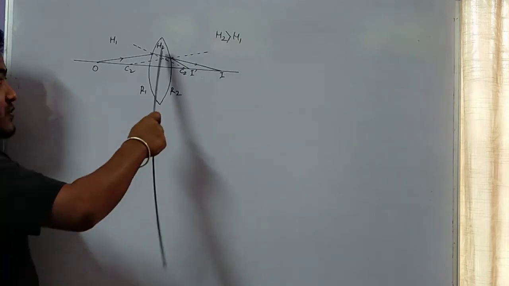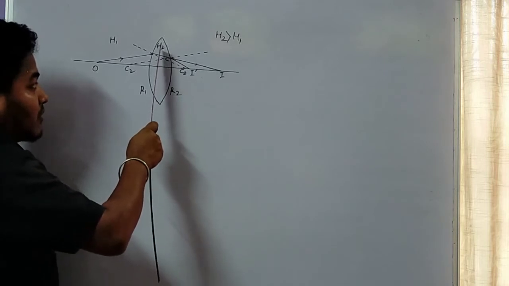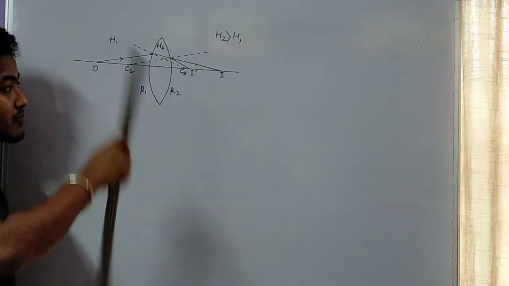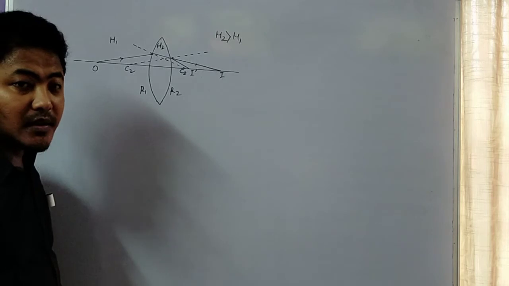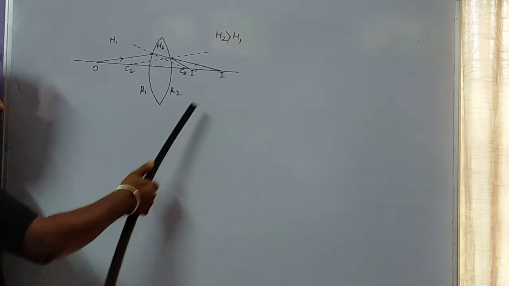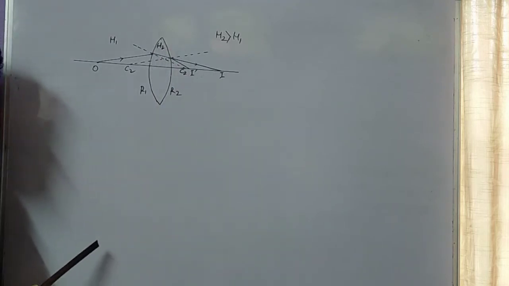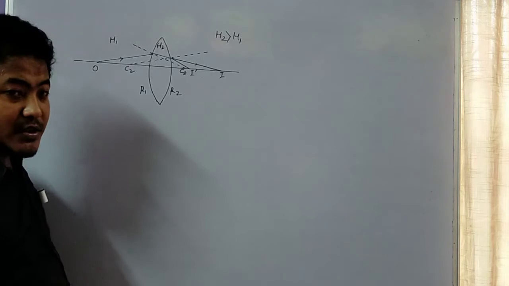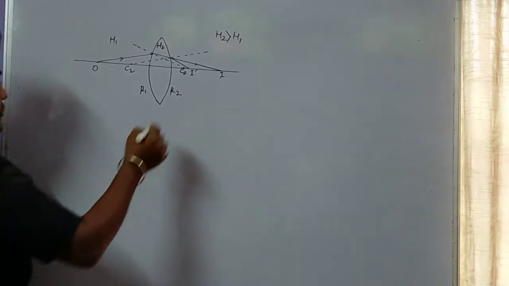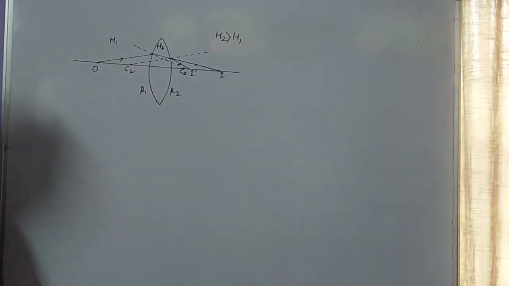Why? Because in the second spherical surface, the light is traveling from optically denser to optically rarer medium. Clear? And the image of the first spherical surface will behave as a virtual object for the second spherical surface. Is that clear to you? So this is the diagram. You kindly draw it with the appropriate direction.